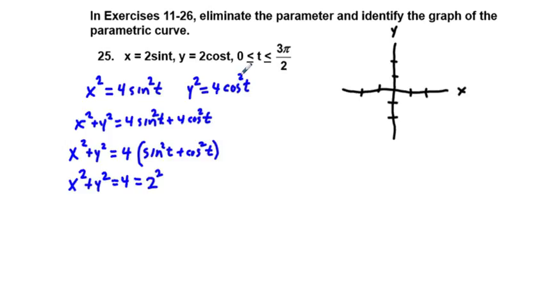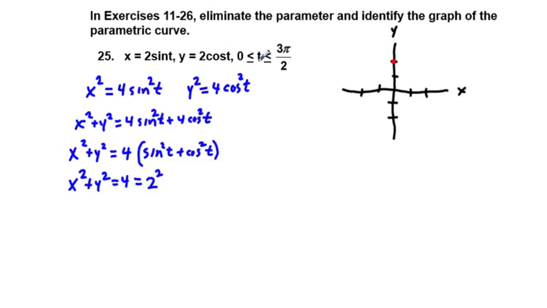If we plug in 0 for t, we get 2 times sine of t, and that's going to be our x value. So our x value is going to be 0, and our y value, 2 cosine t, is going to be 2. So we're starting right here at time equals 0.